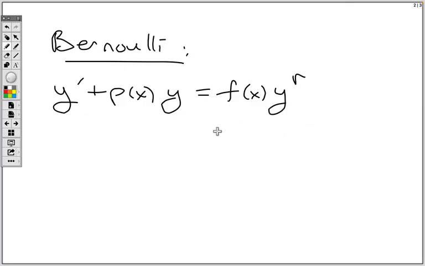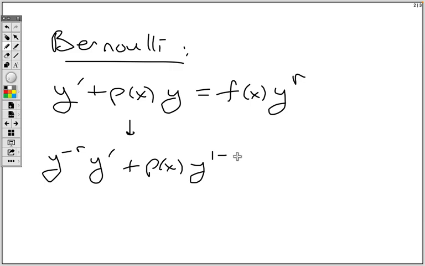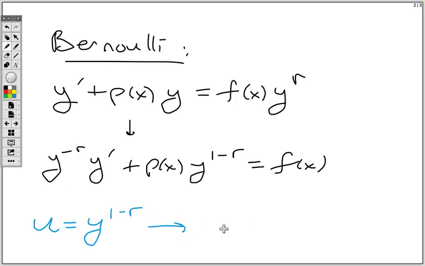And what we showed yesterday is that if you divide through by that power of y, you can make a substitution and end up getting a linear equation in terms of u, which then you can back out to get y. Okay?